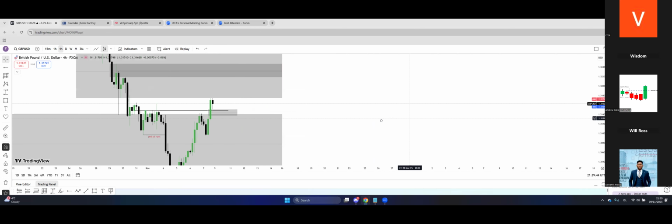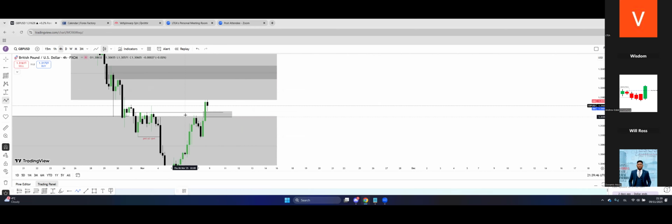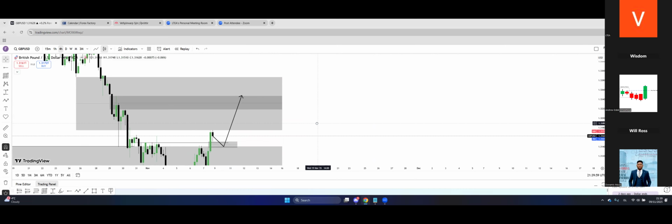And we also have inefficiency around this level right here. So I will be expecting price, and this depends on our session again, because we cannot really determine, but I would like price to come here and move all the way at least to this area.